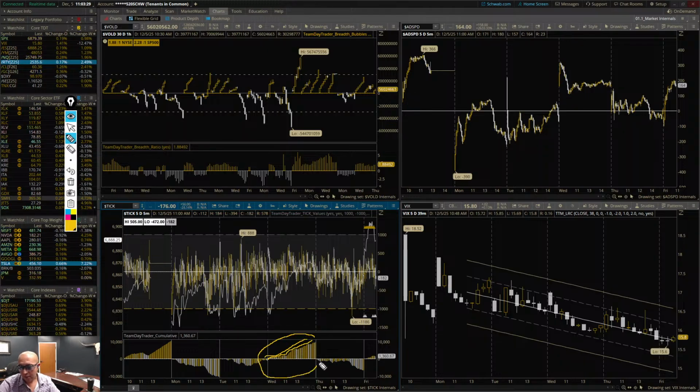So even though Wednesday wasn't a trending day, there's other things that you add to it. When you look at Wednesday, the cumulative build on the tick looked good for a trending day. But then what told you it wasn't a trending day? The ADSPD.